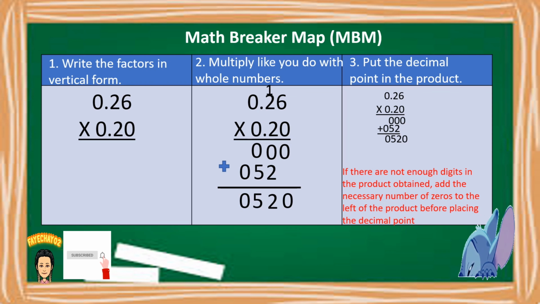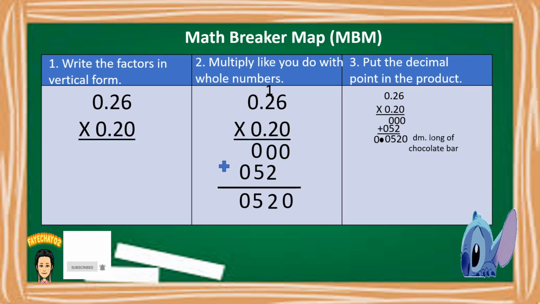So, since we have 4 decimal places in our factors, we will move 4 digits to the right of the number. So, we will put the decimal point before 0. Okay, and then we will add 0 at the left of the decimal point.